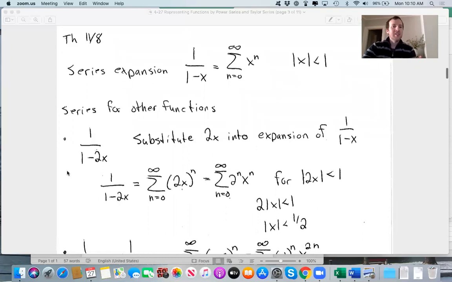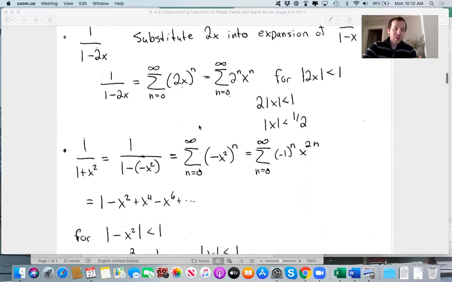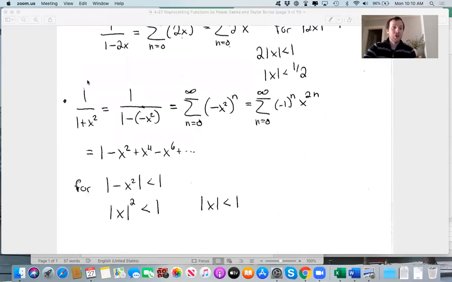And so we can make this kind of substitution move whenever we see 1/(1 minus something). And in some cases, we have to be a little creative. 1/(1 plus x squared), we can write that as 1/(1 minus something), that something becomes raised to the nth power, and we can write that as a series.